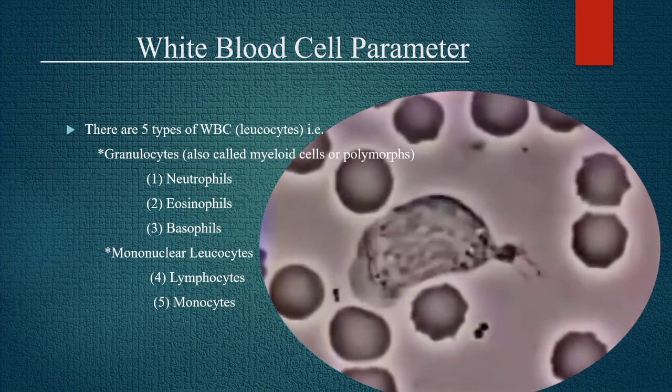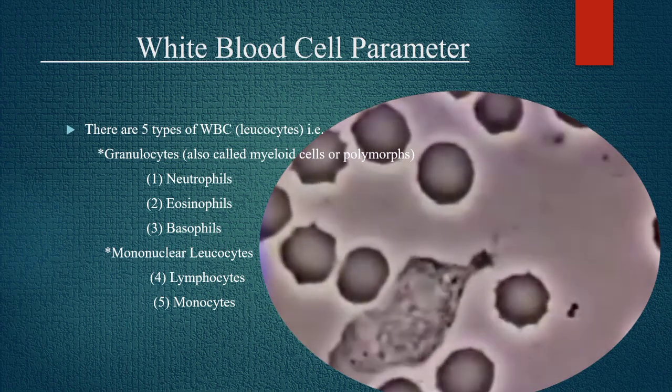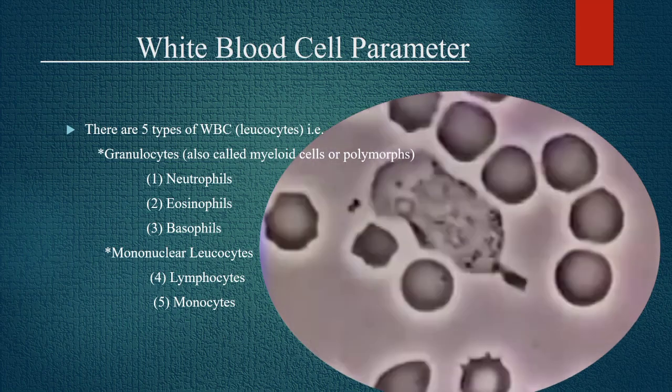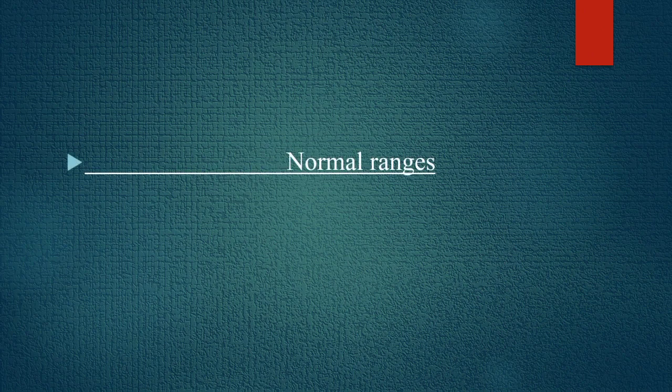So what is the normal range of these white blood cells? Yes, of course, we've been talking about an increase in white blood cells, but what is the normal range? The range is 4.5 to 11 billion cells per liter of blood. That is 4.5 to 11 times 10 to the power 9 per liter of blood.